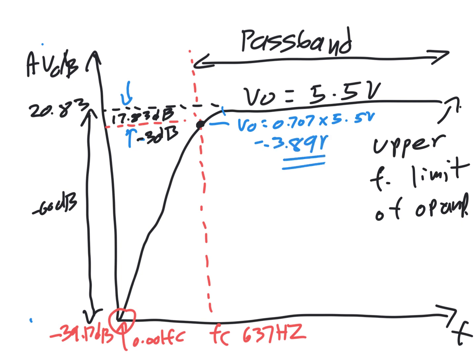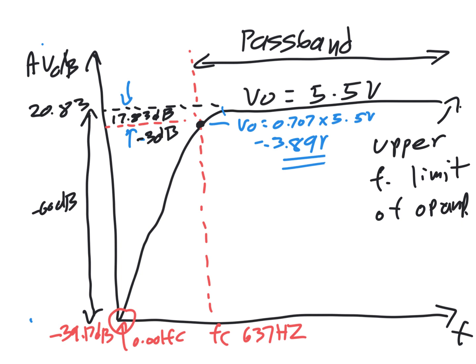So to summarize, in the passband, the output voltage is 5.5. At FC, the output voltage is 3.89. The gain is down to 17.83 dB, and at FC, that 3 dB point is a constant point. So at FC, the gain is always down 3 dB.